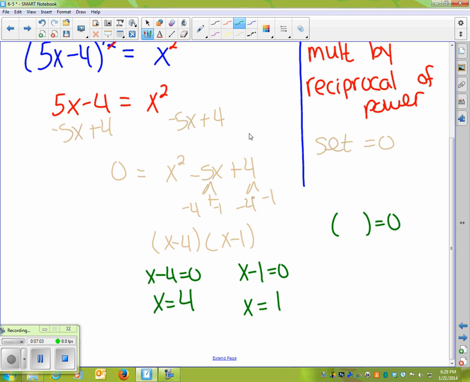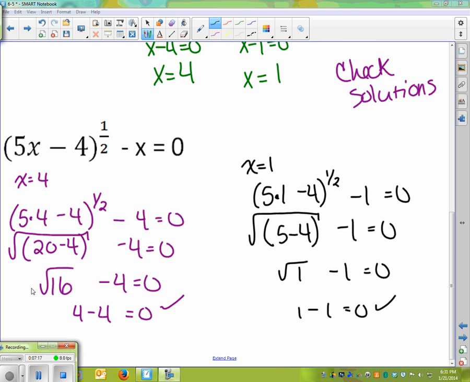I need to go back now and check my solutions with my original problem. This is my checked solutions. I plugged when x equals 4 into my original equation.